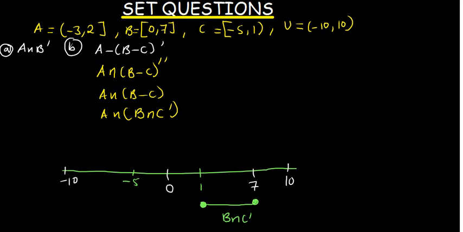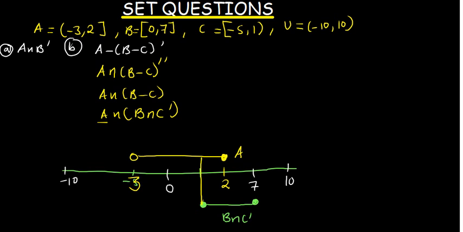And then now we'll look at the set A. The set A is from negative 3 up to what? Up to 2. So let me set 2 is here. And we are not including negative 3, but we are including 2 there. So now where is A intersecting or meeting with B intersection C complement?